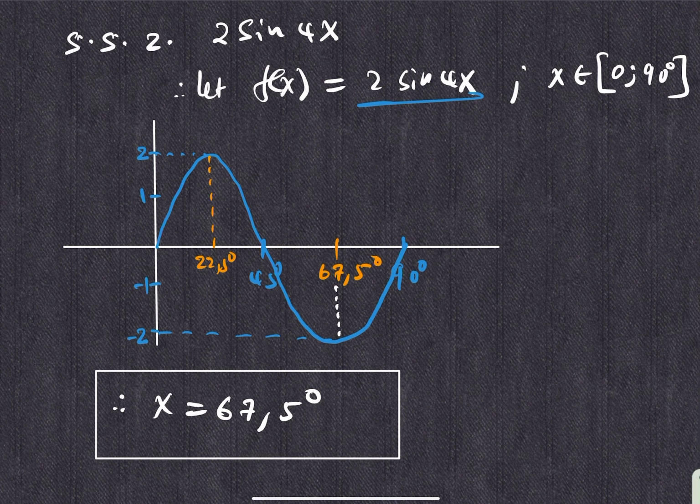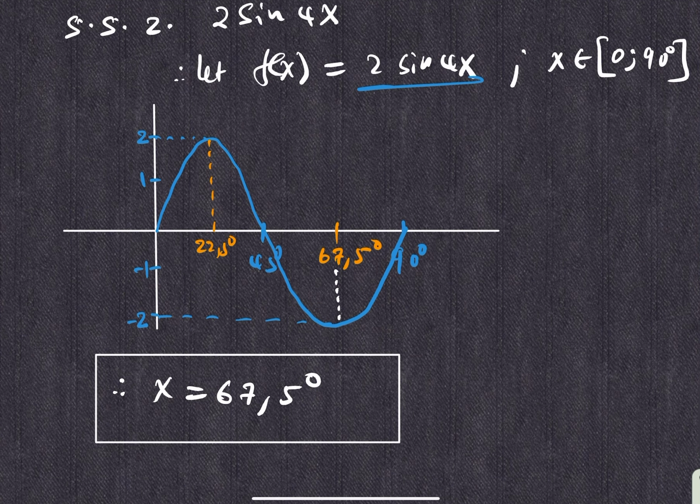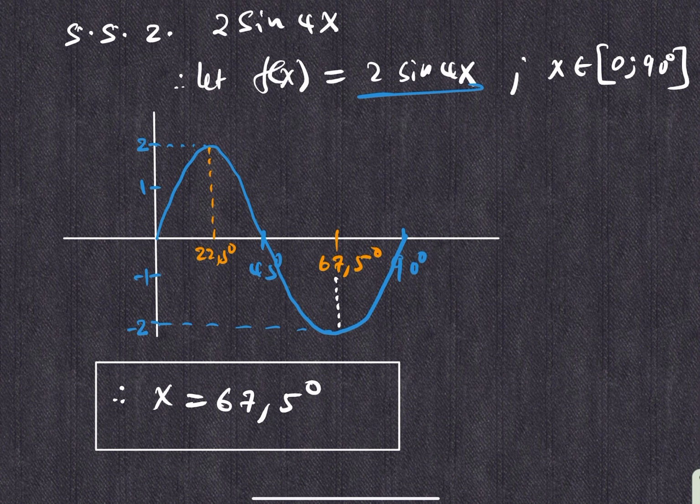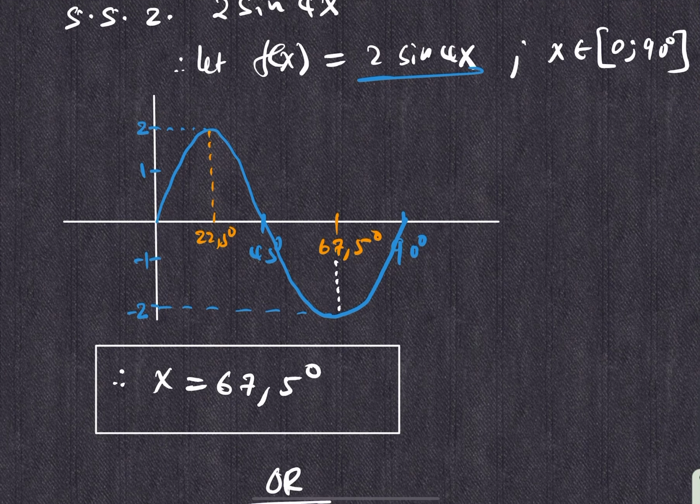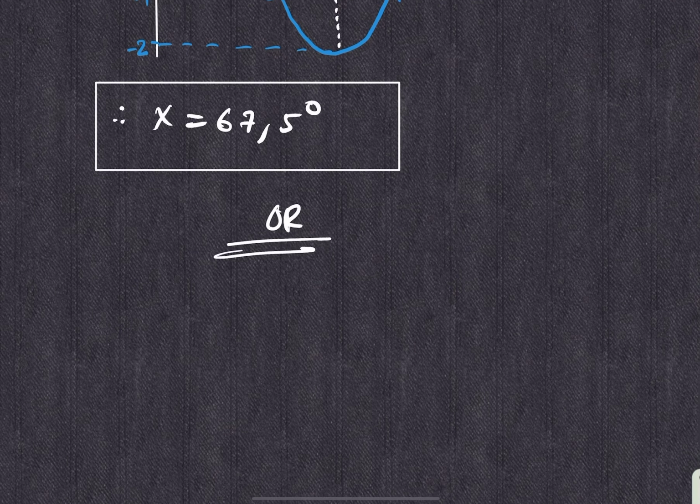That is 270. It's positive. So that should be 360 minus 90, and then divide this by 4. Okay, I'm thinking about it, guys. I want to verify if what I'm doing is correct. But I trust my capacity. It's correct. Or for those of you who love maths like myself, how will you approach this question?